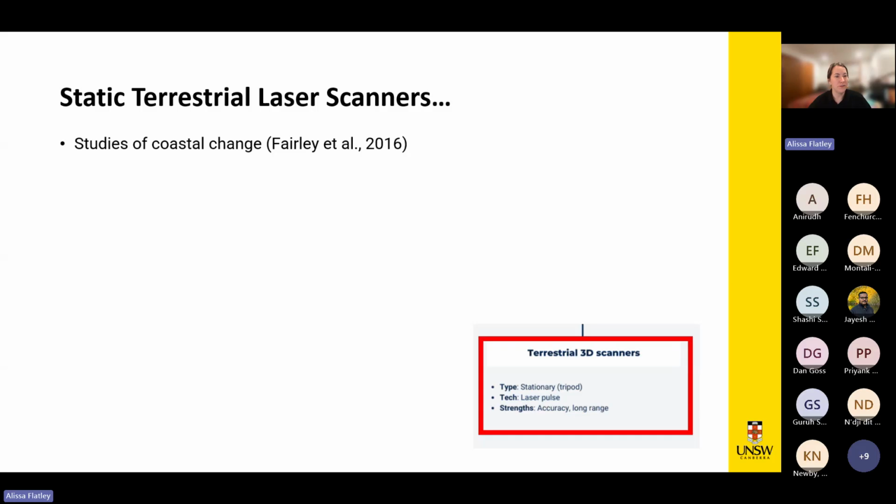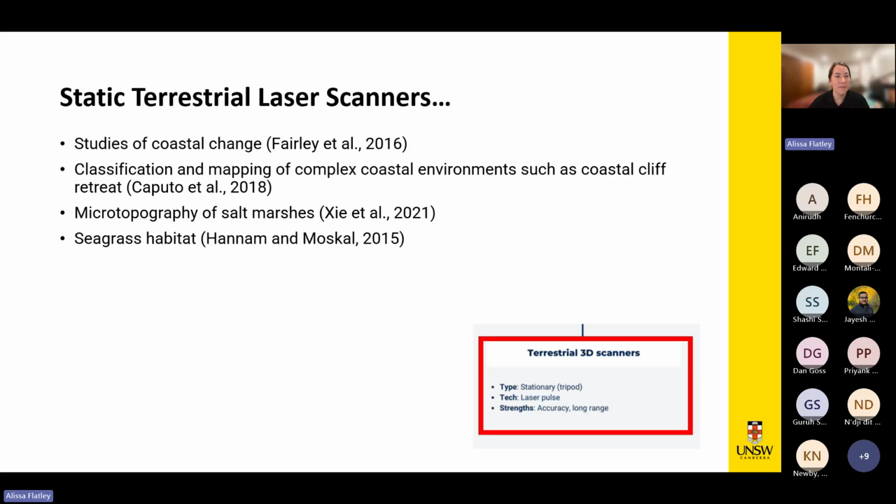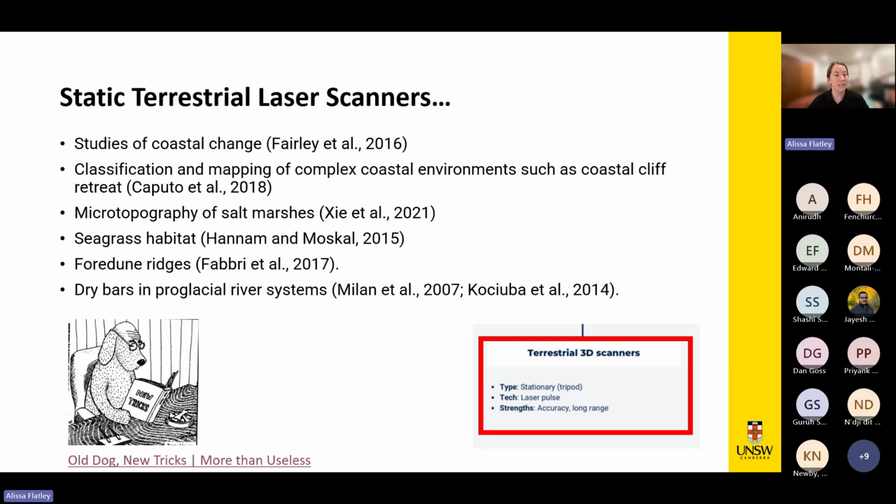So these have been used for studies of coastal change, classification and mapping of complex coastal environments like coastal cliff retreat, microtopography of salt marshes, and there's a reference list at the end if you're interested in looking at these in more detail. We also use them to monitor seagrass habitat, for dune ridges, dry bars in proglacial river systems. So there's really a wide variety of uses for these static TLS stationary settings.